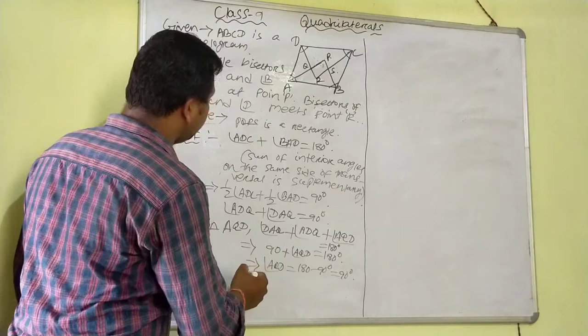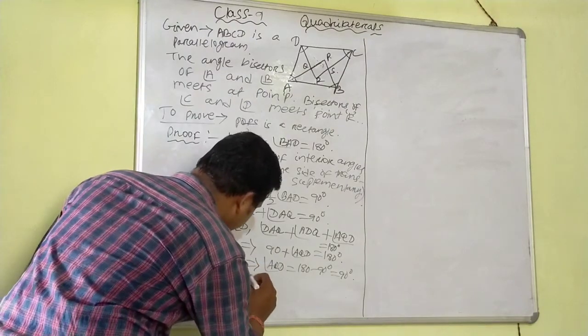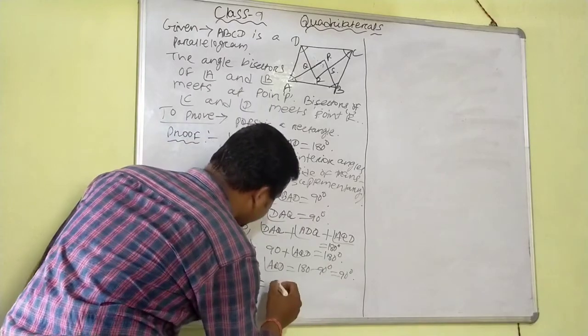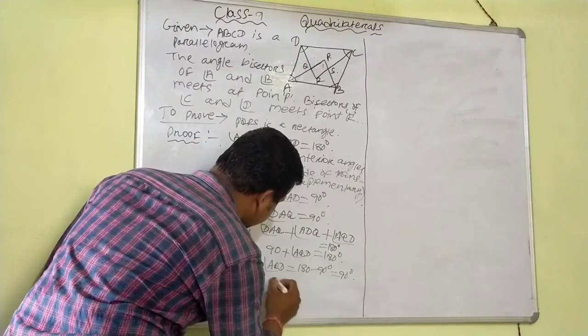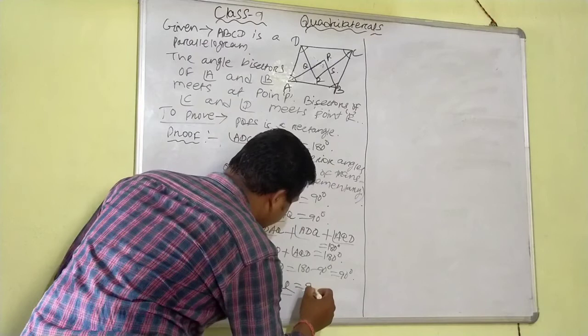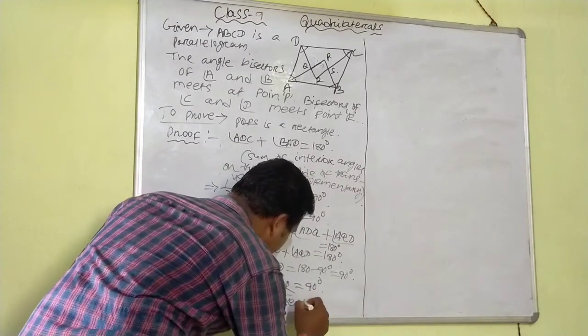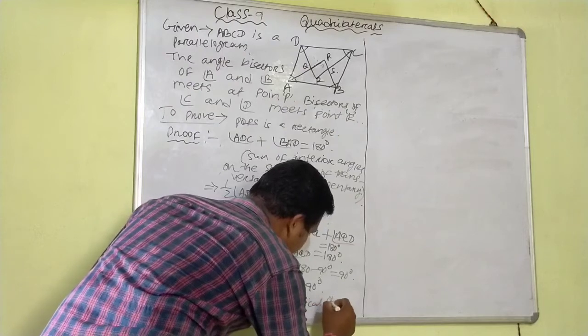We can write angle AQD equals angle PQR equals 90 degrees as vertically opposite angles.